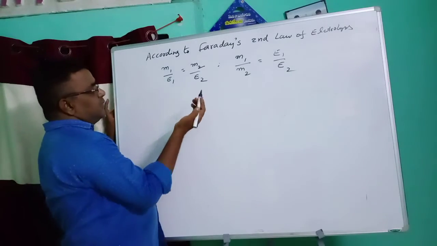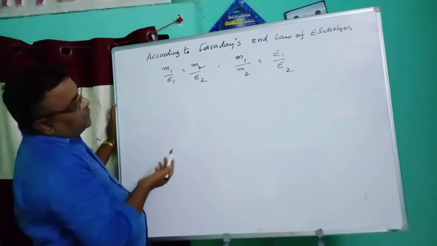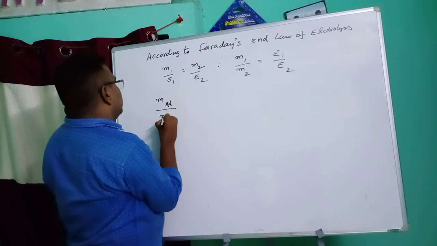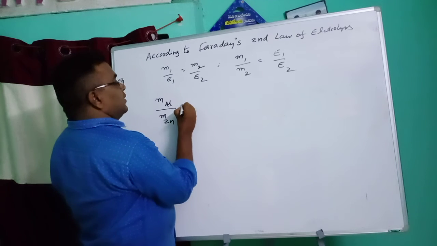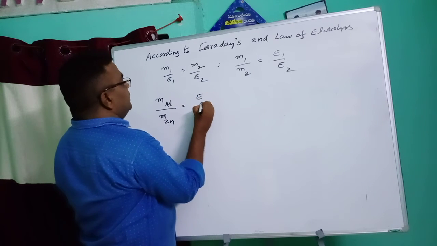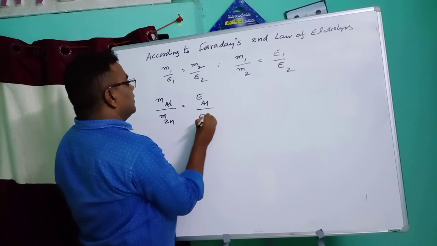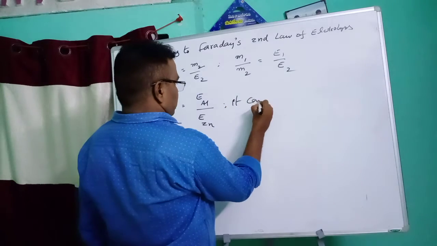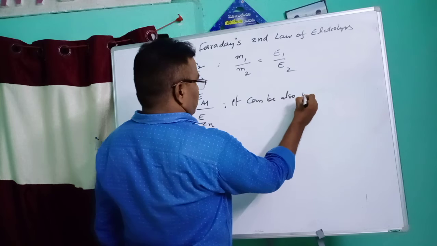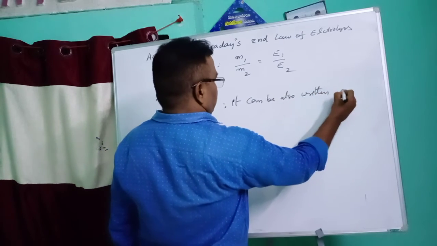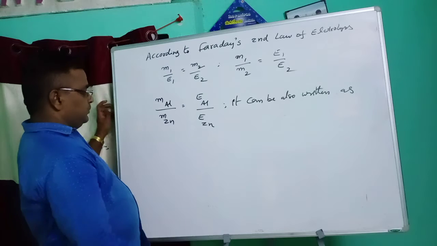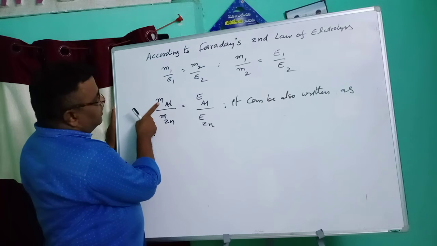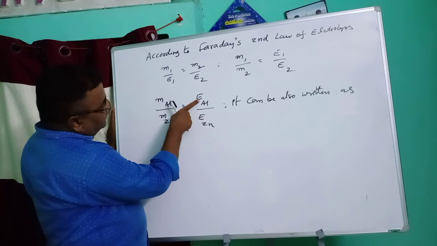So we already know that aluminum we take as one and zinc as two. It is also written as mass of aluminum by mass of zinc is equal to equivalent weight of aluminum by equivalent weight of zinc. Here, instead of mass we take number of moles, and instead of equivalent weight we take mole ratio.